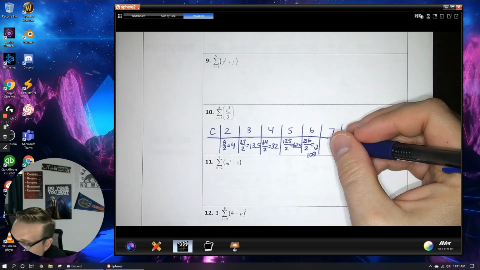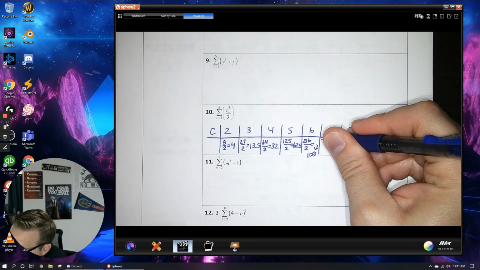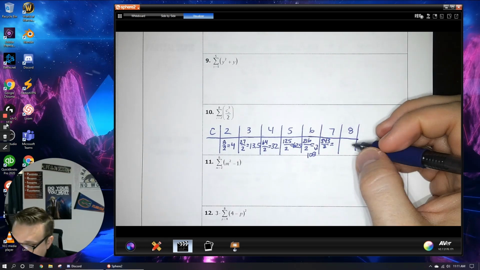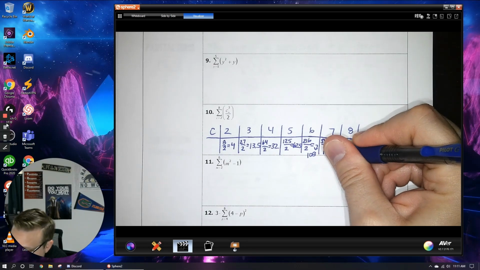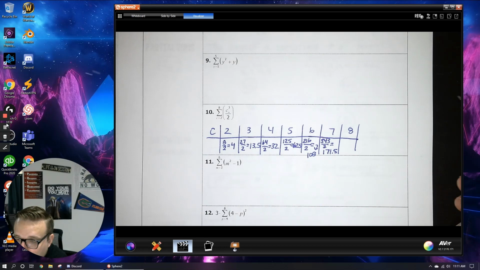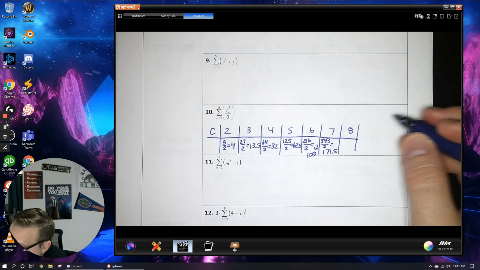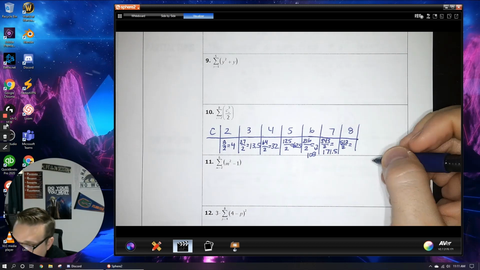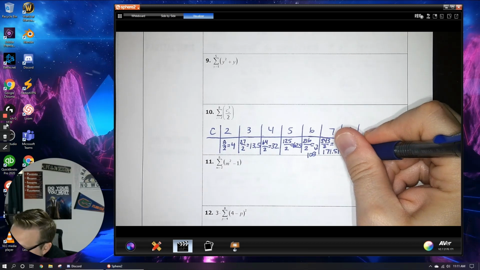Then 7 cubed gives us 343 divided by 2, which is 171.5. And finally we get to the 8th term, which is 8 cubed, which is 512 divided by 2, and that gives us 256.